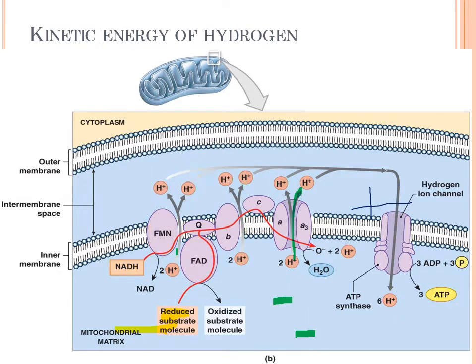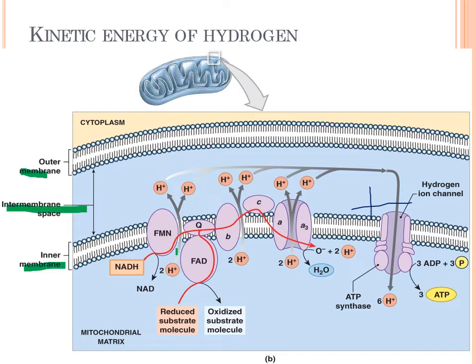So I'm going to delete all of my chicken scratch and just go over that one more time. So we're in the inside of the mitochondria. We have the outer membrane up here, we have the inner membrane down here, and the intermembrane space in between.